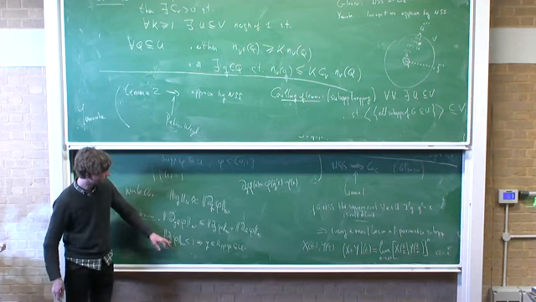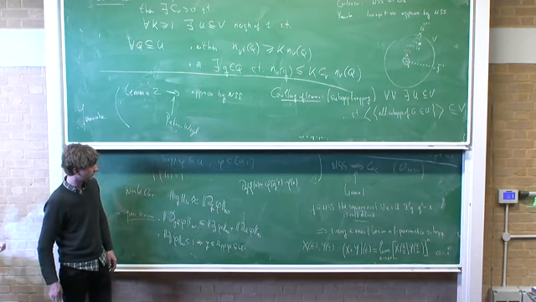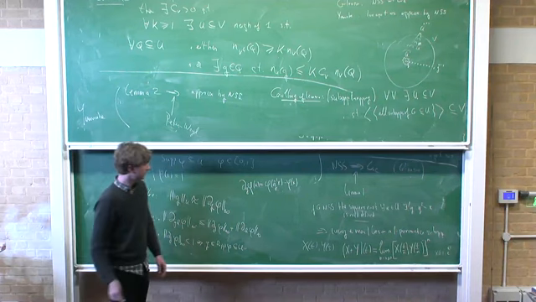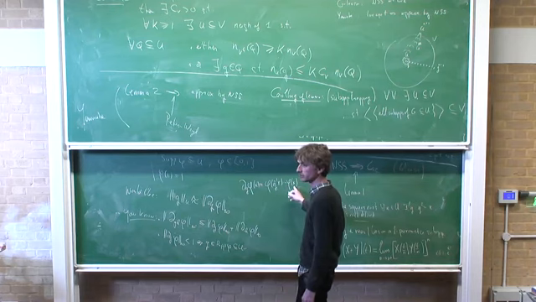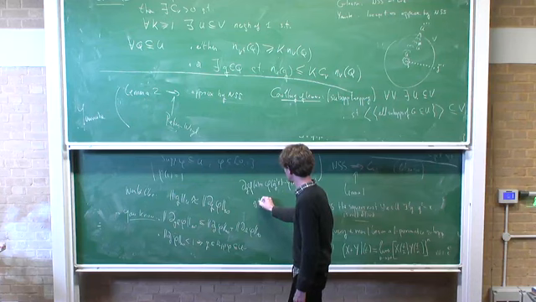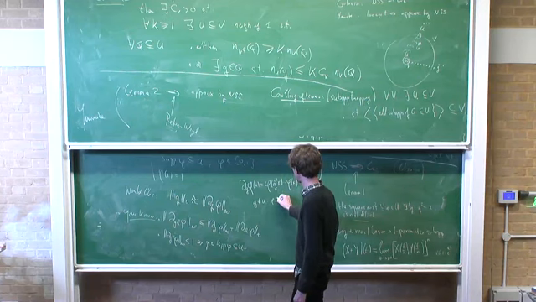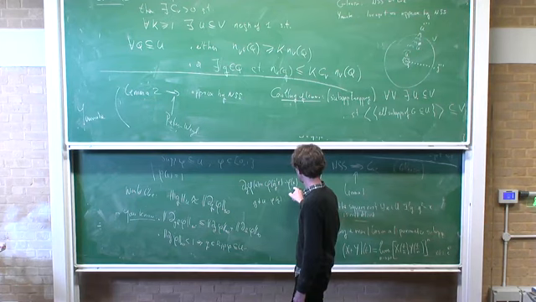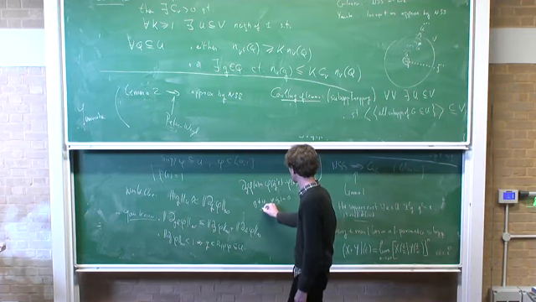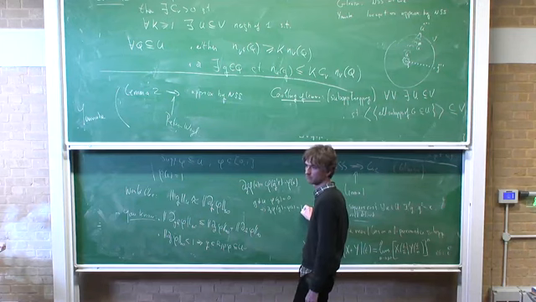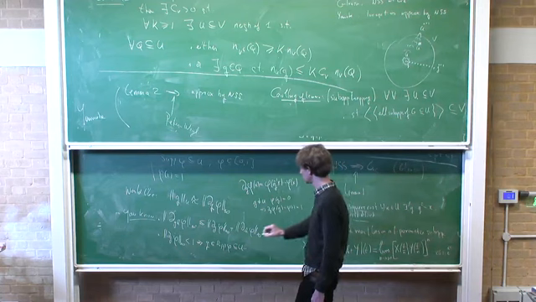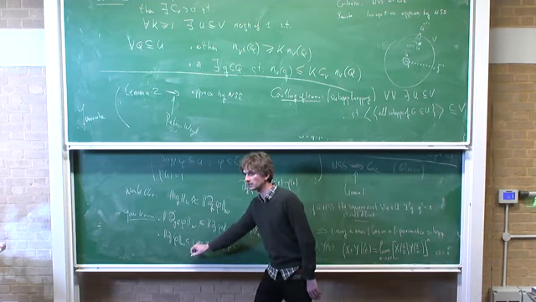Because if g is not in the support, if g is not in mu, then phi of g is equal to 0. So delta g phi of g is equal to phi of 1, which is 1. So if the infinity norm is strictly less than 1, certainly g belongs to mu.